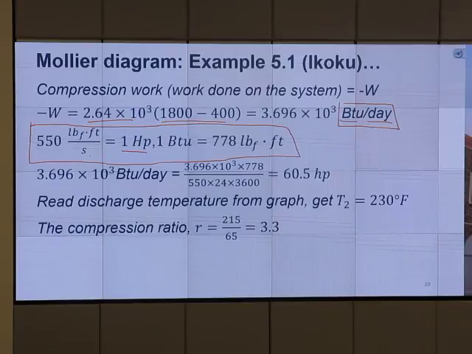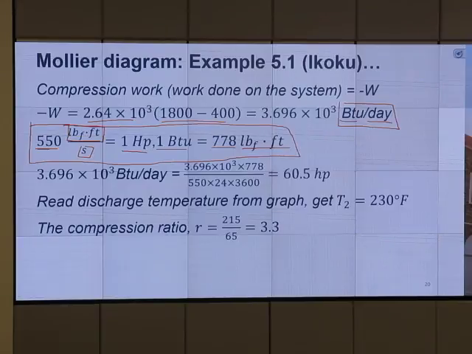Power is energy per time, right? So energy is pound-force foot divided by second, then we have that relationship, 550 pound-force foot per second equal to 1 horsepower. And I also give you another one, which is 1 BTU equal to 778 pound-force foot.